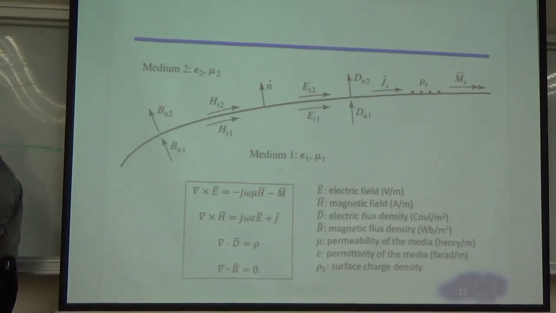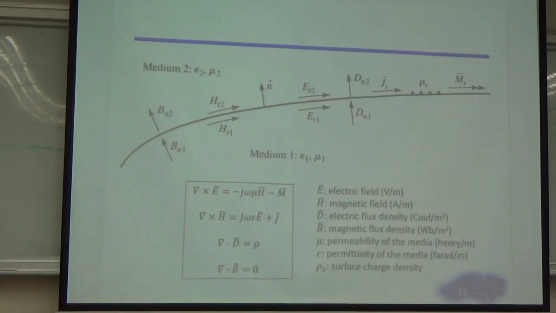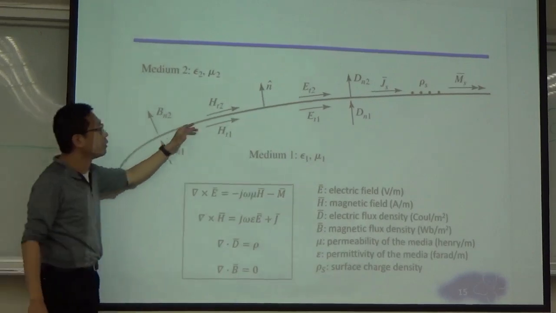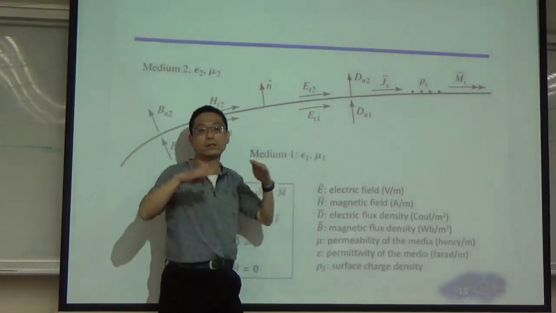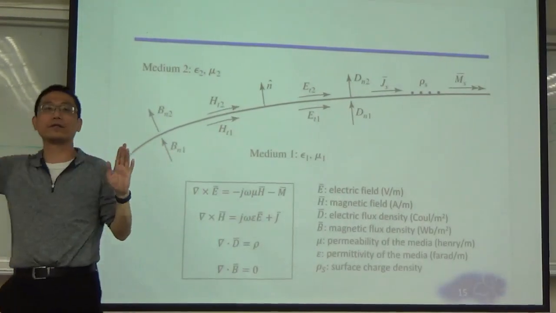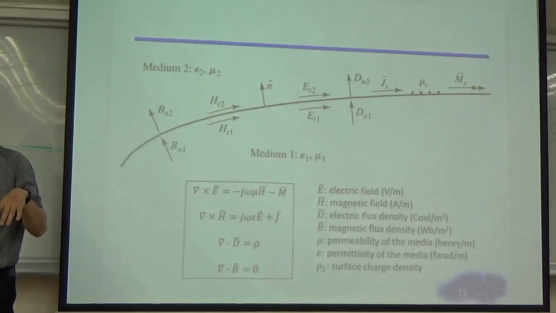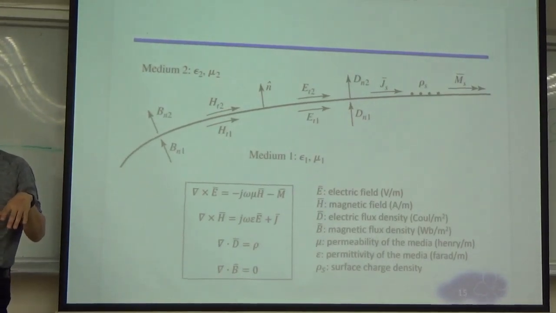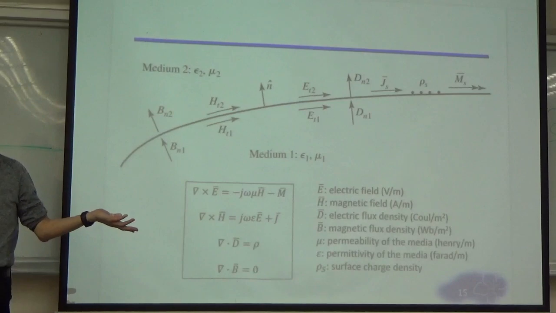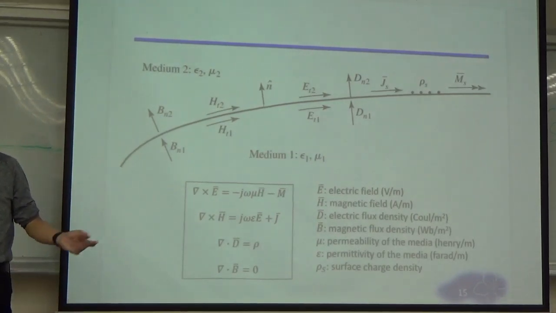Actually, this is a definition. This is media 2, and the bottom one is media 1. And the boundary is not necessarily a straight, flat surface. It can be any shape. It can be very general.